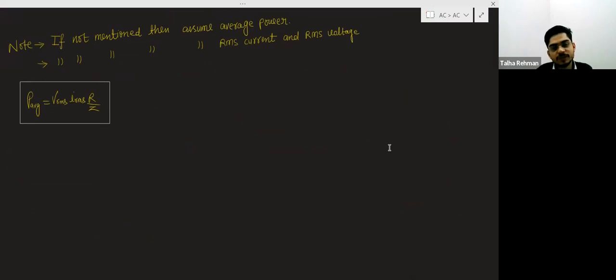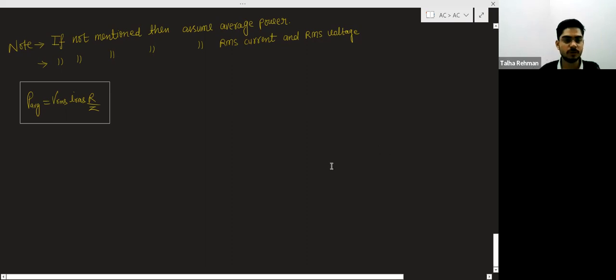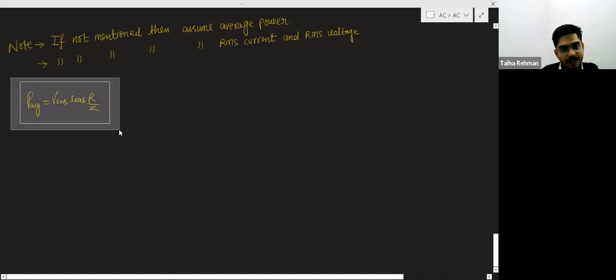If in the question nothing is given, then you will most probably assume the root mean square value of the voltage or current. If any voltage is given in the circuit, and it is not written whether it is average, instantaneous, or root mean square, then in that case you will take the root mean square voltage. So this point I will tell you.